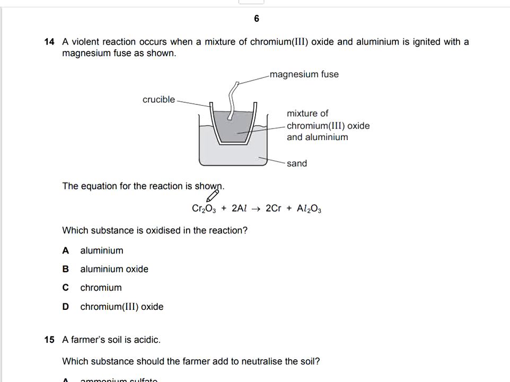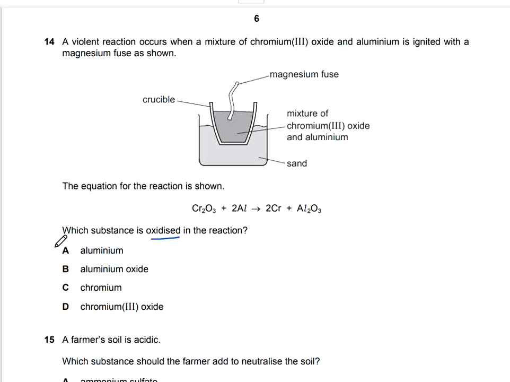So you have chromium oxide plus aluminum forming chromium and aluminum oxide. Which substance is oxidized in the reaction? Meaning, oxygen is added to the substance.